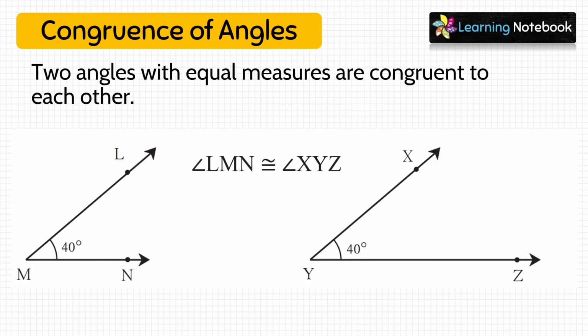In other words, if we place angle LMN over angle XYZ, they coincide. So do note that congruence of angles does not depend on the length of their arms. It depends only on the measure of the angles.